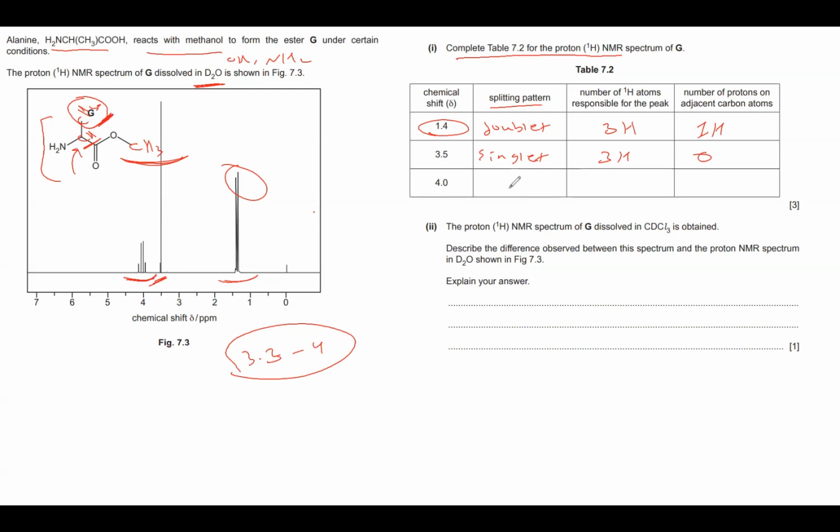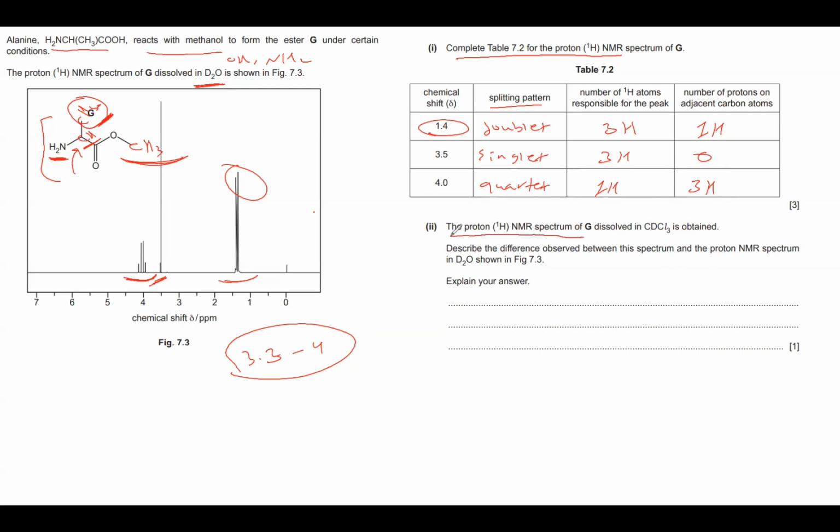So this one is a quartet, with 1 hydrogen responsible for this and the 3 hydrogens as the adjacents. We don't see any peak for the hydrogens of NH2. We don't have any peak belonging to this because we use D2O. Let's see the next question.